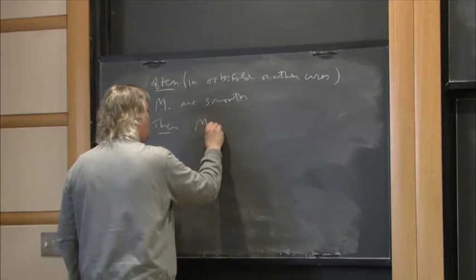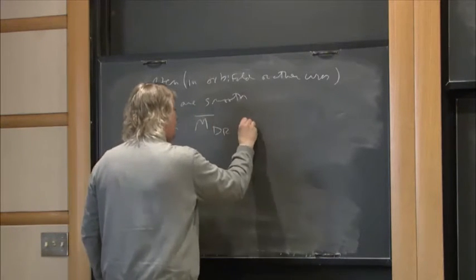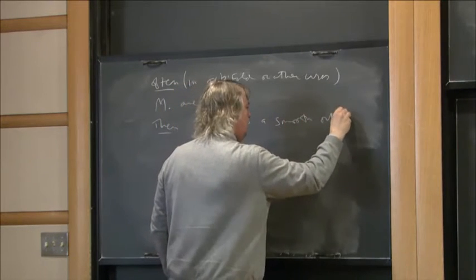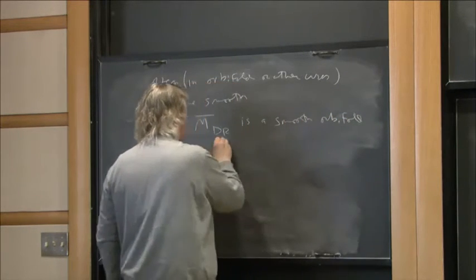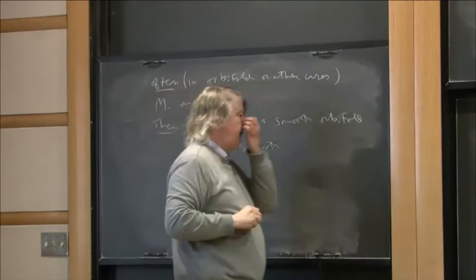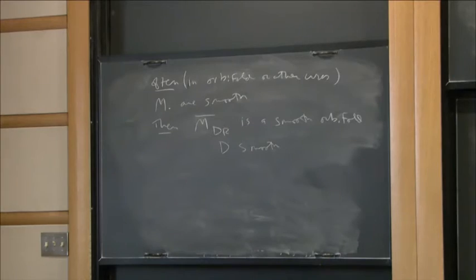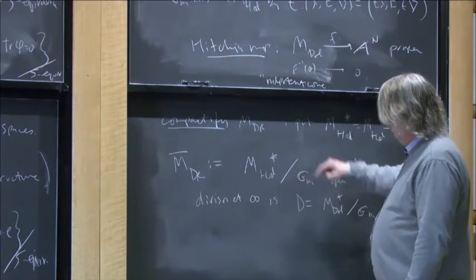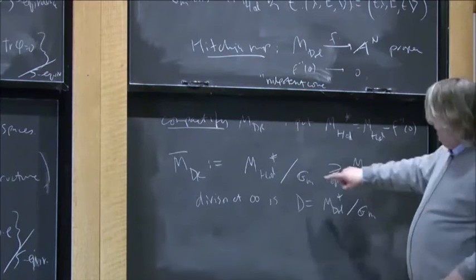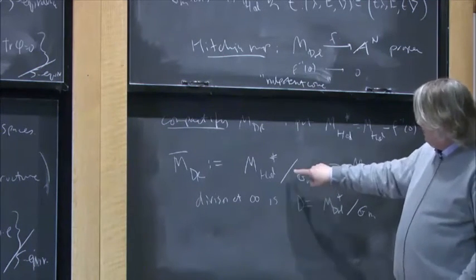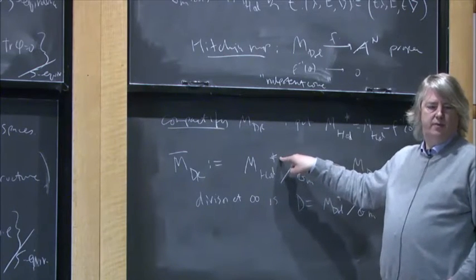In that case, the compactification is not really going to be smooth exactly, but it's going to be smooth if we take this quotient in the orbifold sense. There can be finite subgroups here, roots of unity, which stabilize some points.